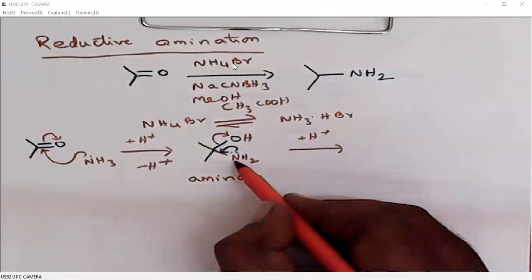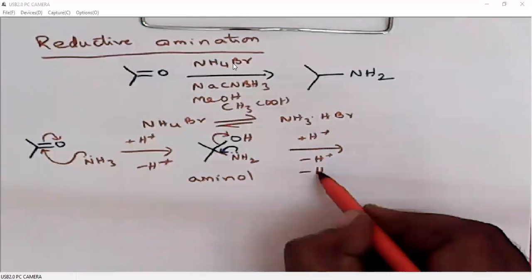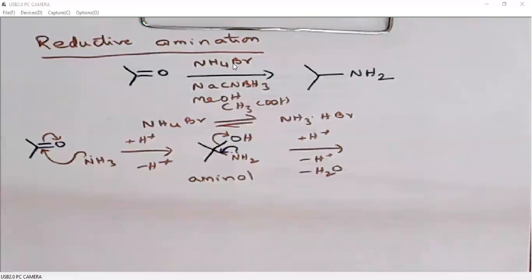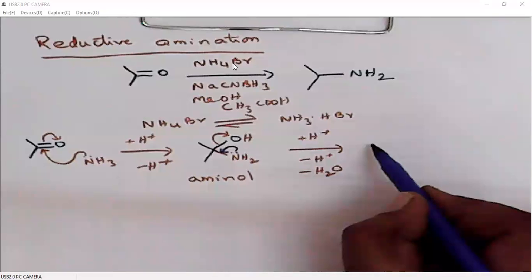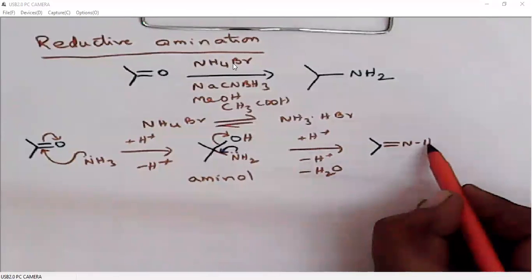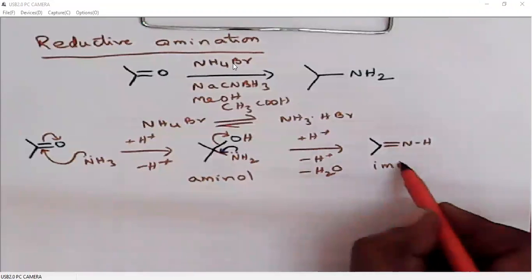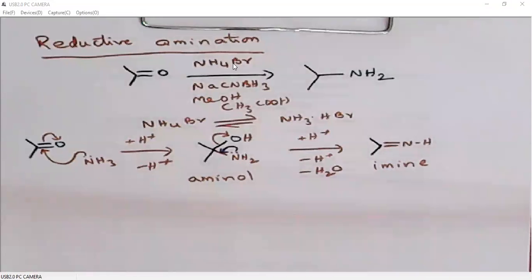The nitrogen carries a plus charge, so remove a proton so it becomes neutral, and we are losing water. Then the product is C double bond NH. This is called imine. Generally we call them Schiff bases, right?